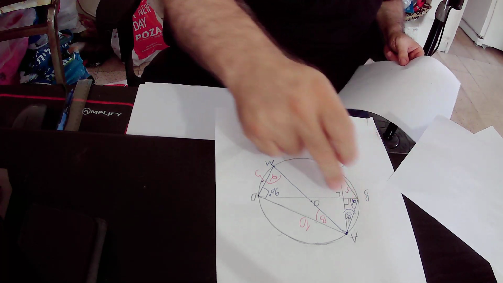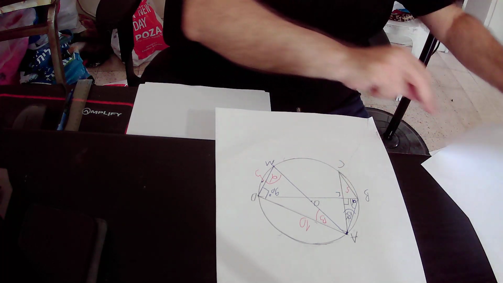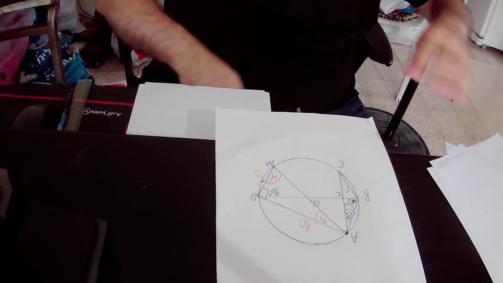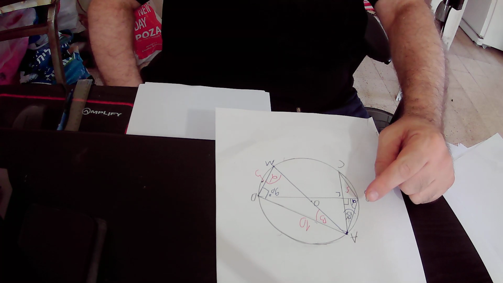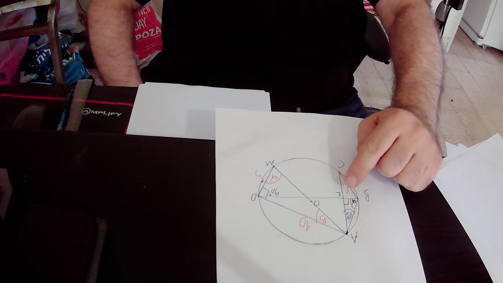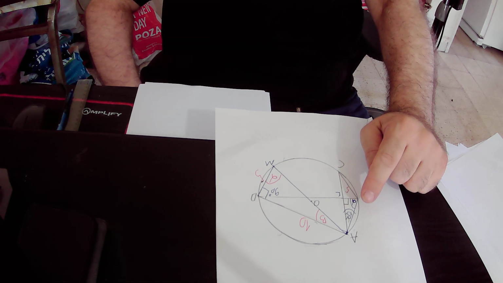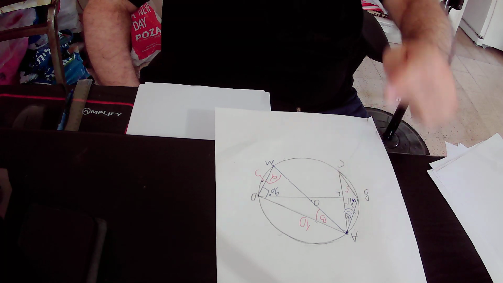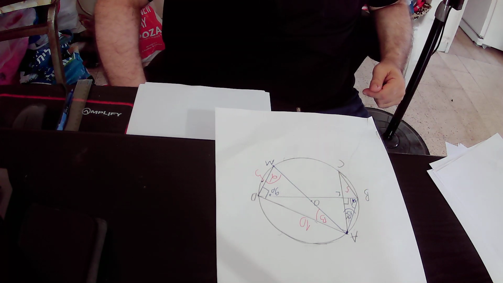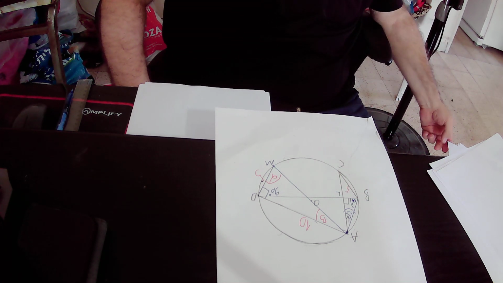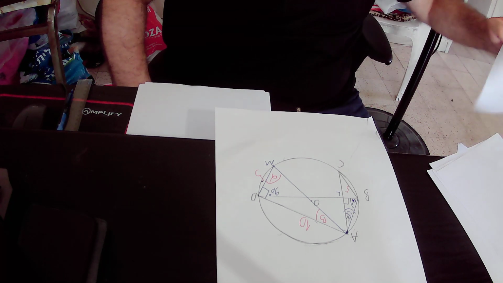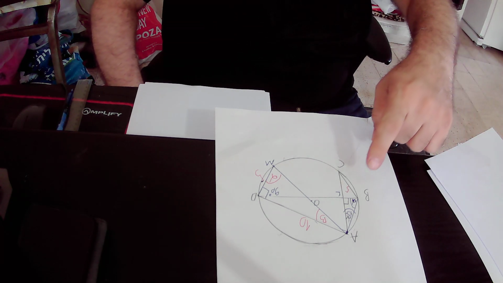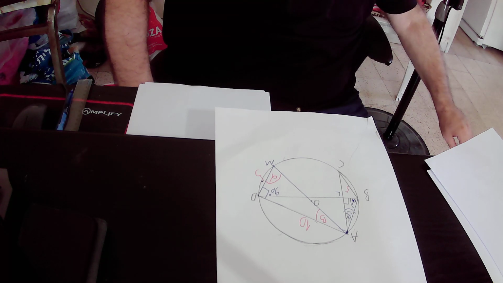So angle ABD equals alpha. And in the right triangle ABL, we defined angle BAL as x, and we know that the sum of the angles in any triangle equals 180 degrees.